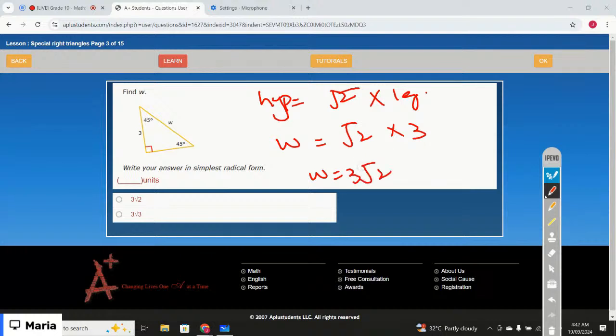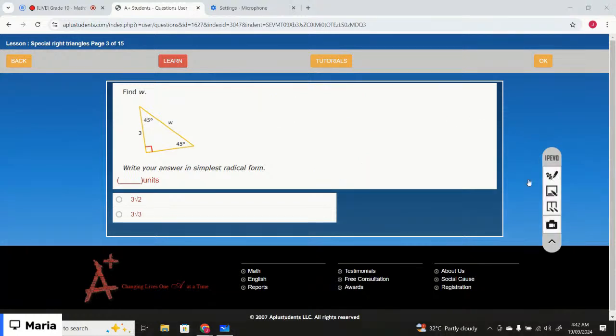The correct option is option number 1, that is 3 square root 2. Okay, you can complete the lesson by yourself later today.